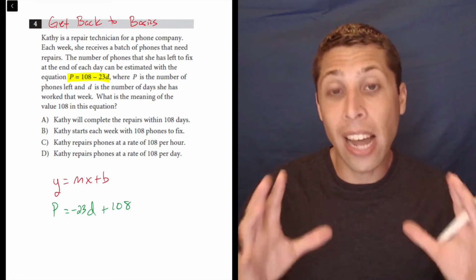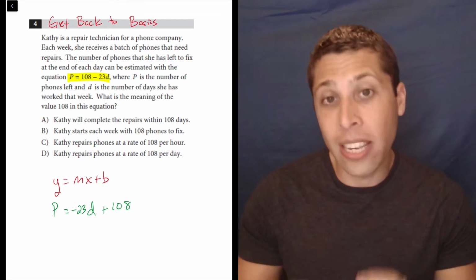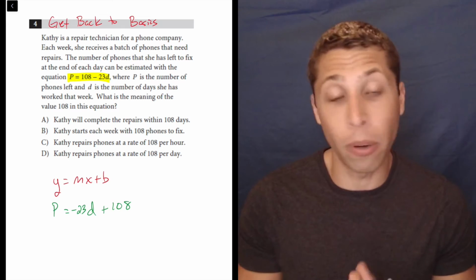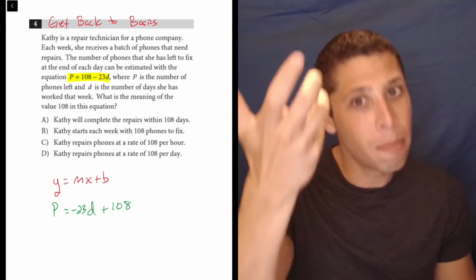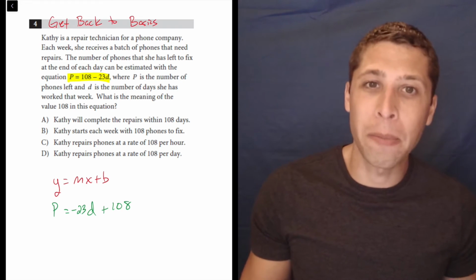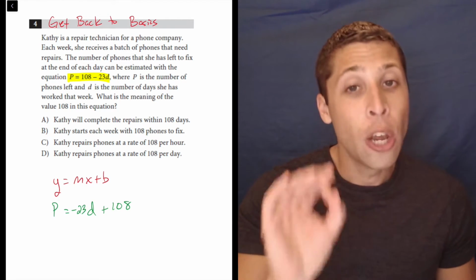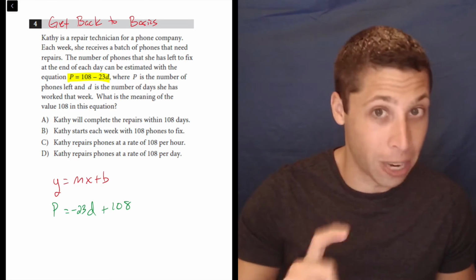So it's not about what comes first and what comes second. It's about what's attached to the x and what's off on its own. And so that's really important. Again, the SAT is going to take things that you know and they're going to twist them up. They took the y equals mx plus b equation that you know and they twisted it up so it looked a little bit different. Your job is to untwist, get back to basics so that you understand what's going on.